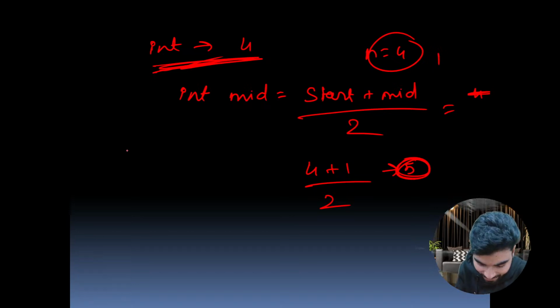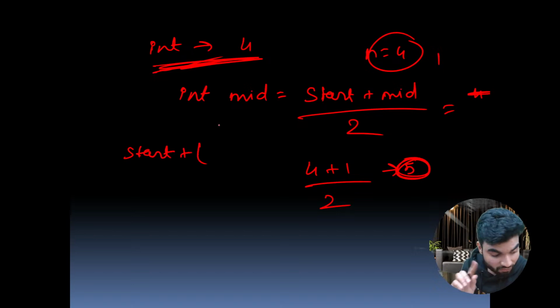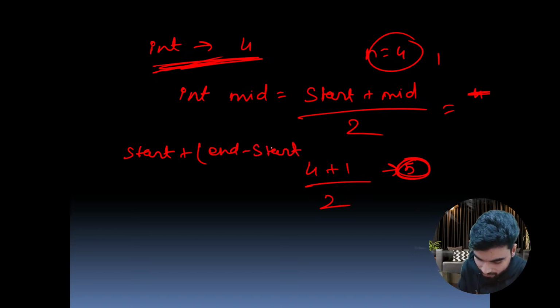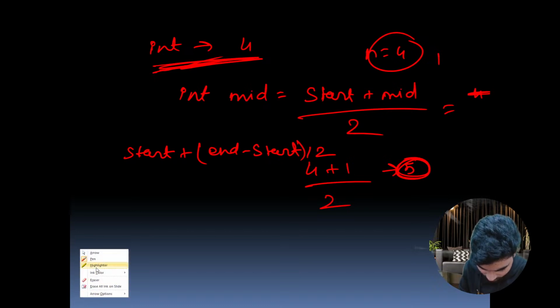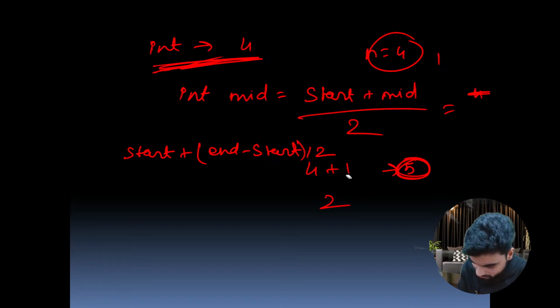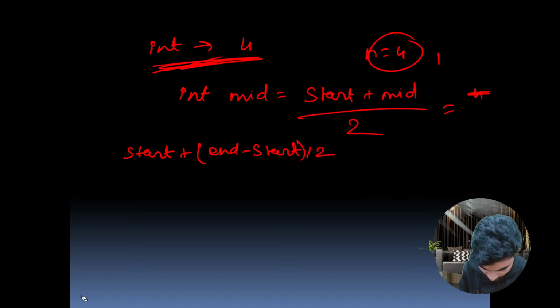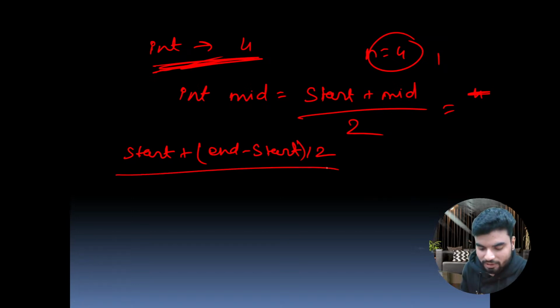Listen to this very carefully, trust me, it's super important. If I write here start plus end minus start, then by 2, will this work? I'll erase this one as well because it's causing some blockage.